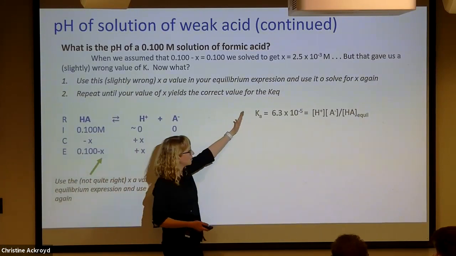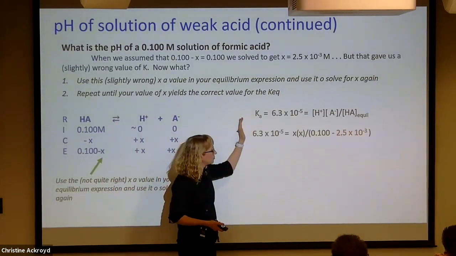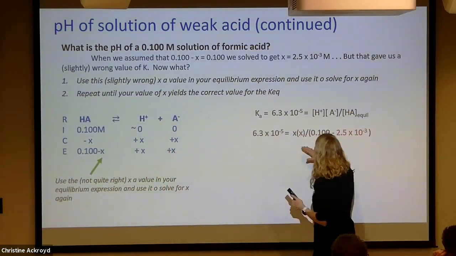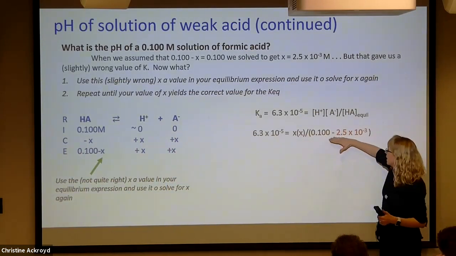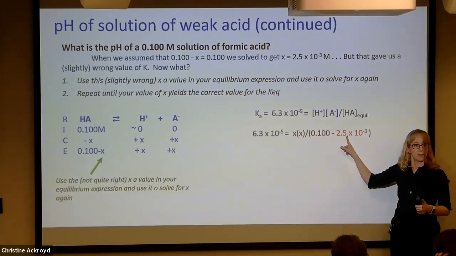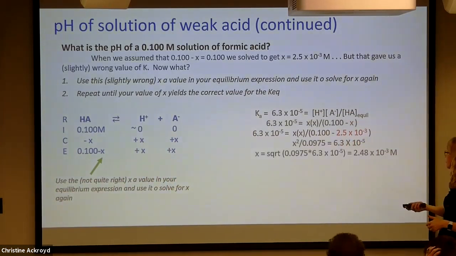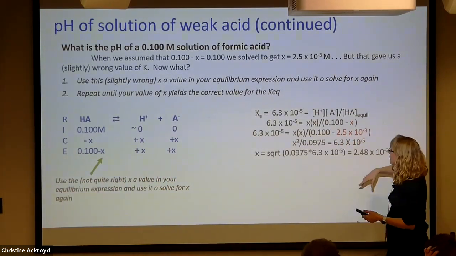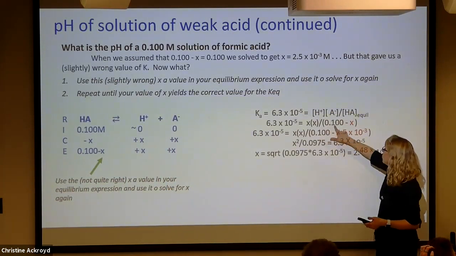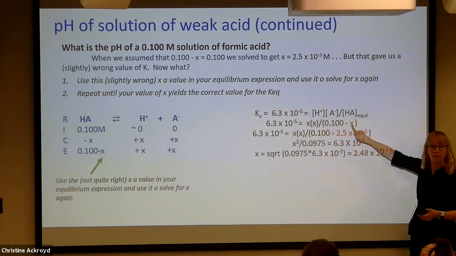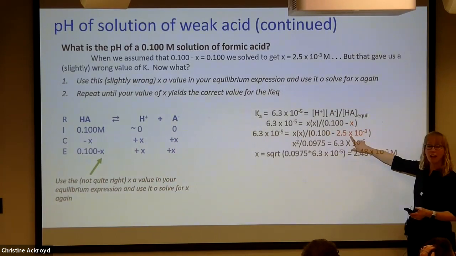So we start with our, set it up the way you normally would. And then instead of subtracting x here, subtract your close but not quite value of x that you already calculated. So when you do 0.100 minus x, substitute in your value that was close but not quite.